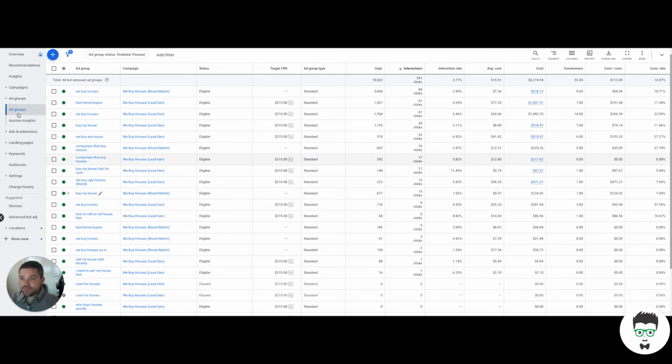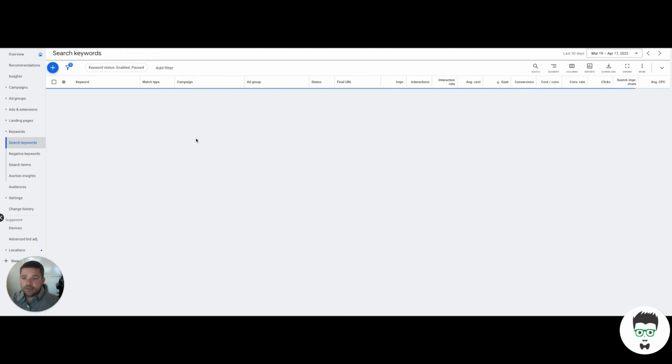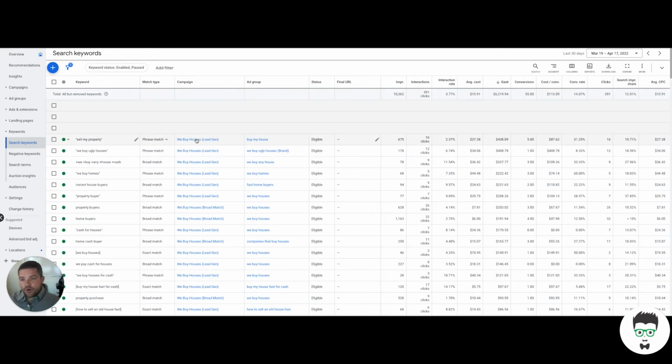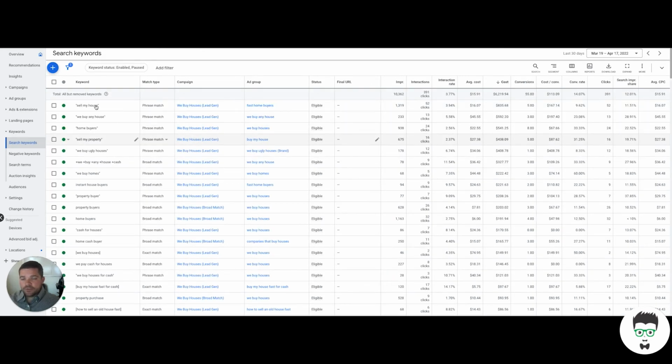Let's take a deep dive on the keywords to give you another idea. You'll see we're targeting these on the regular lead gen campaign: sell my house, we buy any house, home buyers, sell my property, we buy ugly houses, we buy homes, instant home buyers, property buyer.